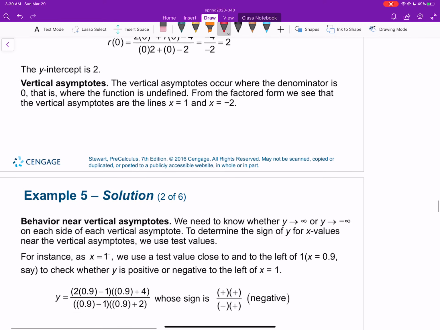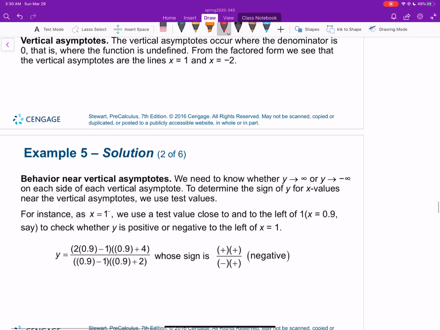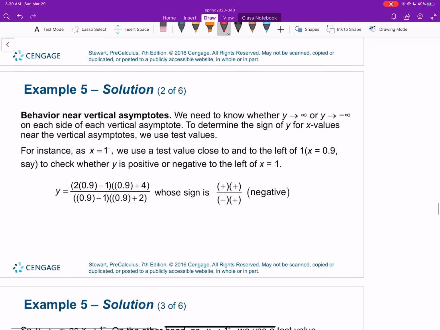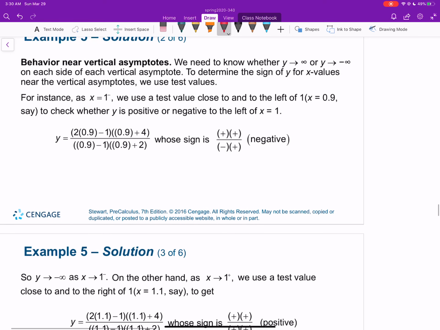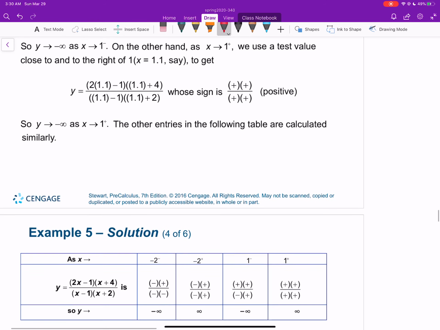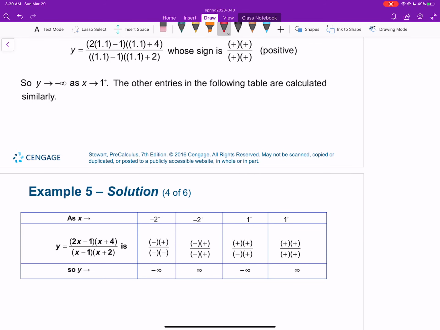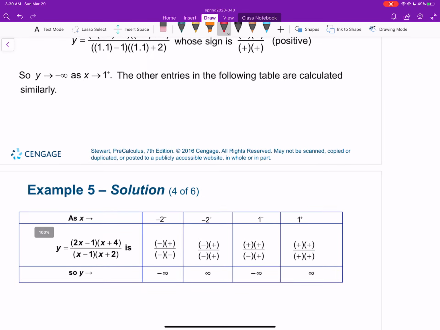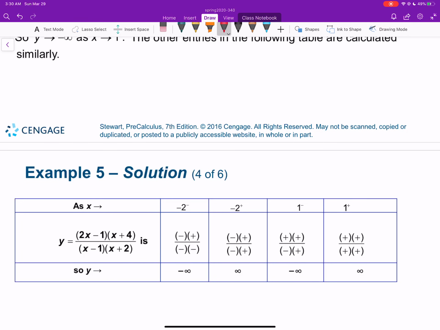And then look at the near behavior of the vertical asymptotes. You're trying to figure out whether it is positive or negative as you get close to the vertical asymptotes. You go through some test values, which is what we did last time.